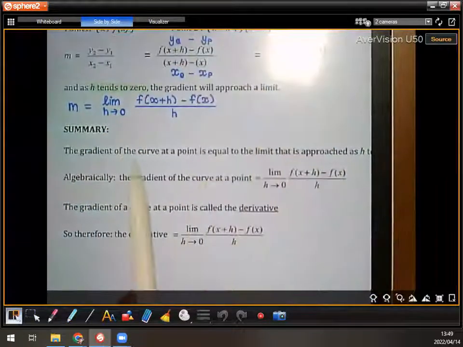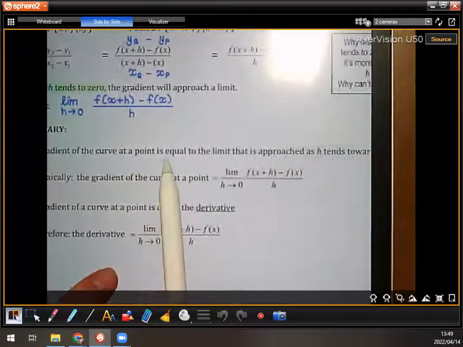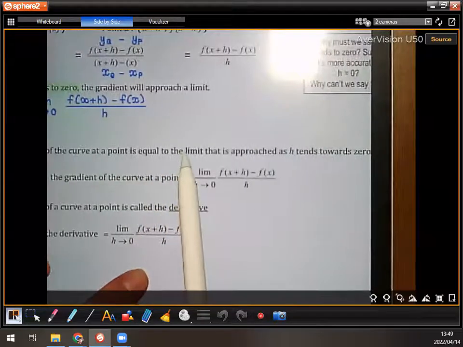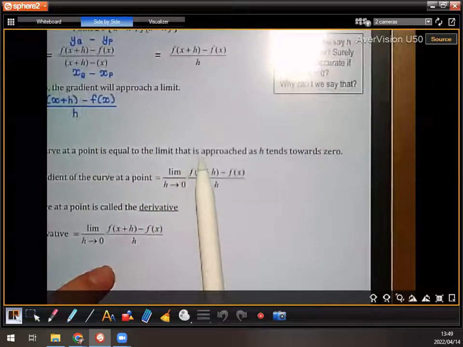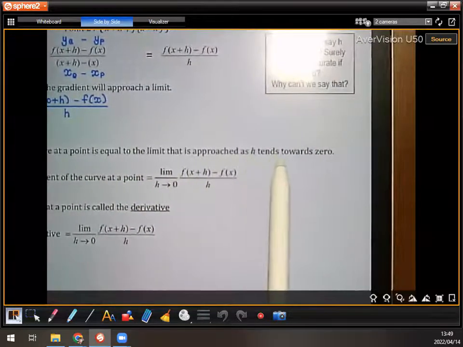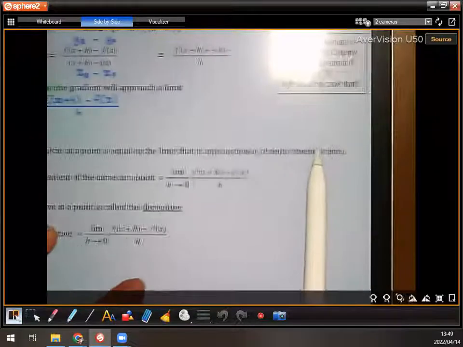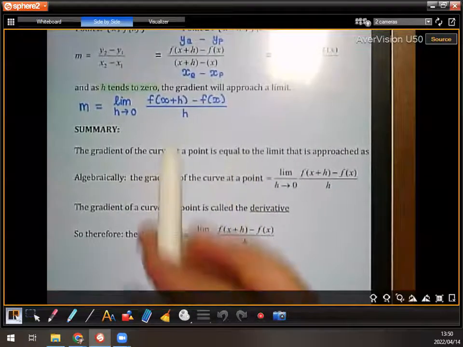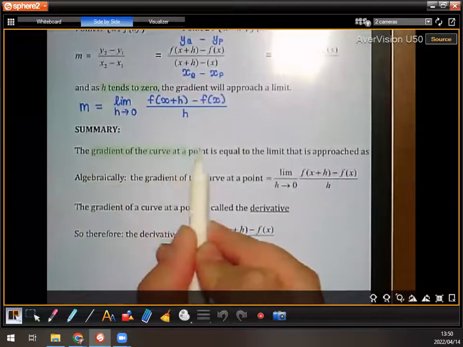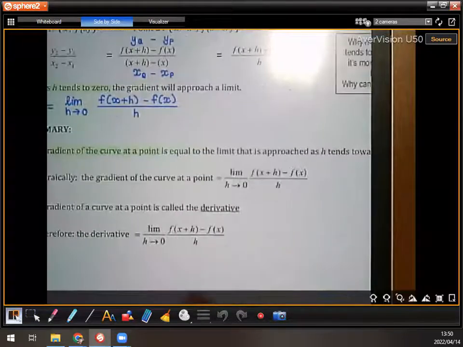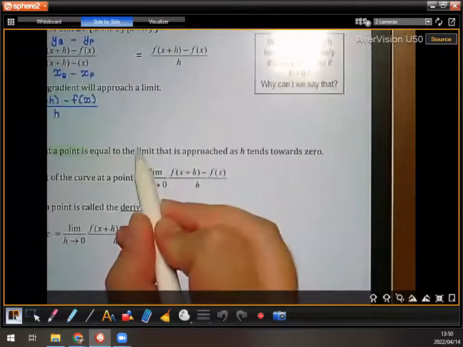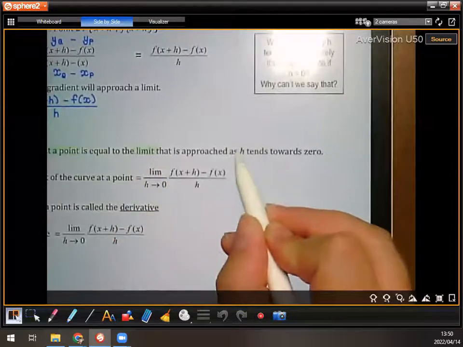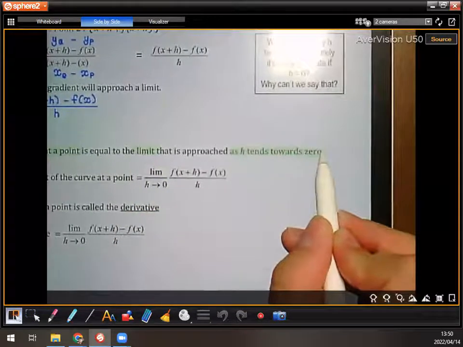Please highlight this. The gradient of the curve at a point is equal to the limit that is approached as h tends towards 0. That is quite long. So the gradient of the curve at a point is equal to the limit. You can actually just say limit as h tends towards 0.